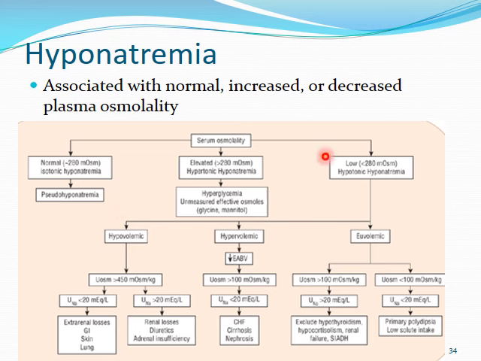If you have a low, or hypotonic, hyponatremia, this is where you're going to be looking at the fluid volume status of the patient. Just to bring it back to when you had an elevated osmolality, if you have a hypertonic hyponatremia, most often this is going to be due to increased levels of osmoles in the blood.